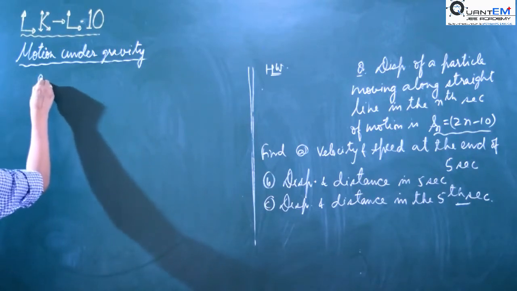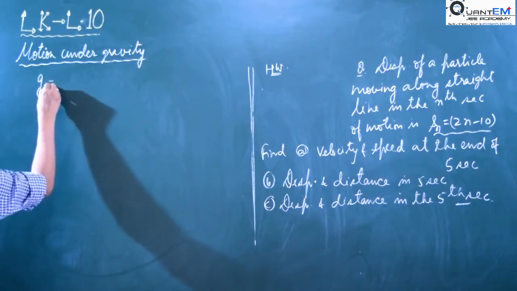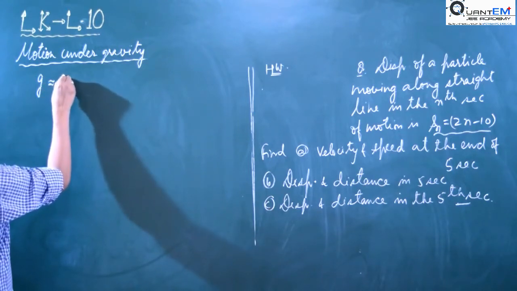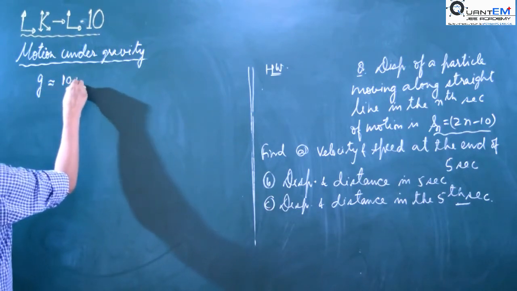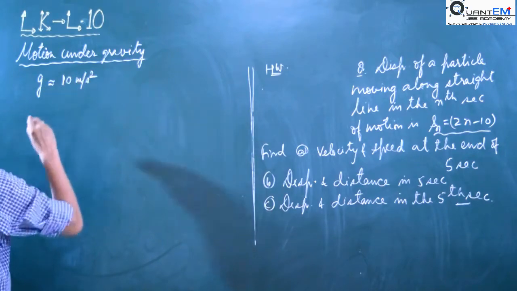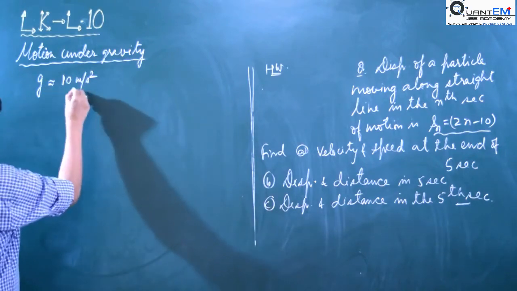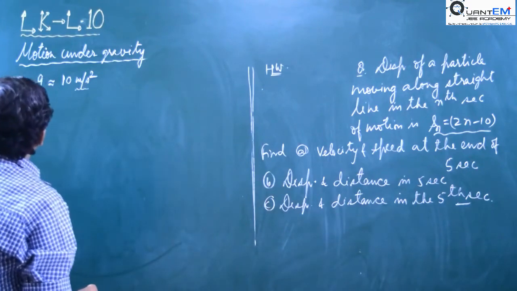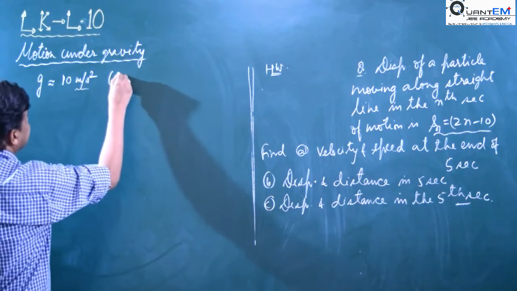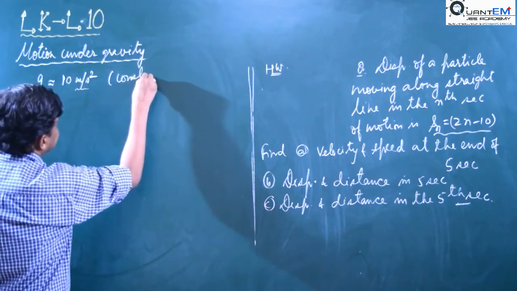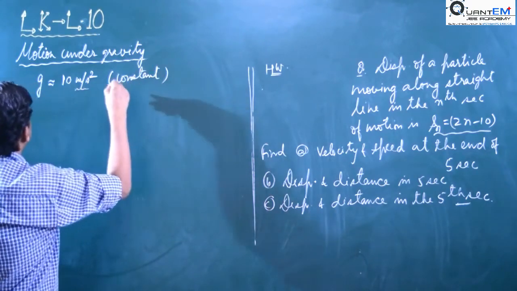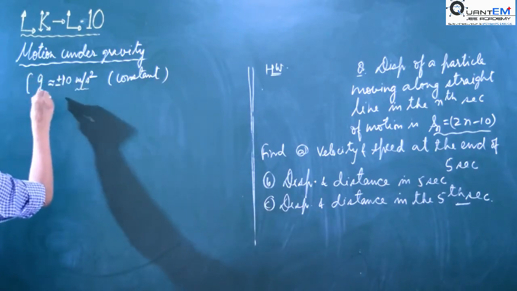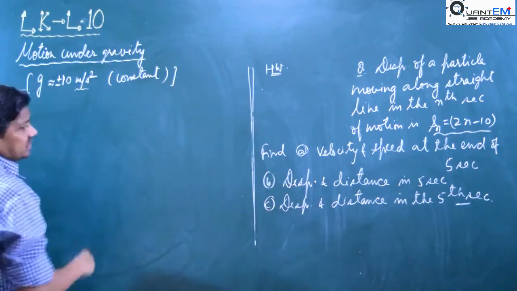So here g is acceleration due to gravity, that is 9.8 or nearly equal to 10 meter per second square. And this is a constant result. This result may have a positive sign or negative sign. Here g is constant.